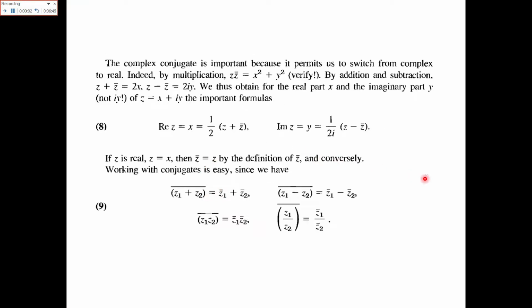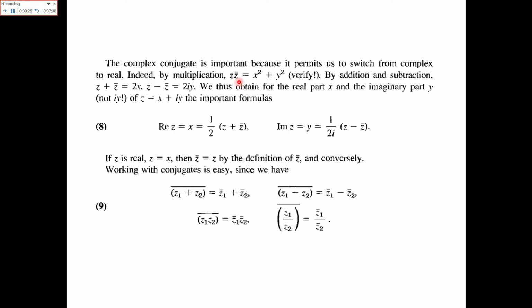Now, a complex conjugate is important because it permits us to switch from the complex to the real. That is important. Indeed, by multiplication of z with its complex conjugate z bar, we will have a real number, that is x square plus y square.